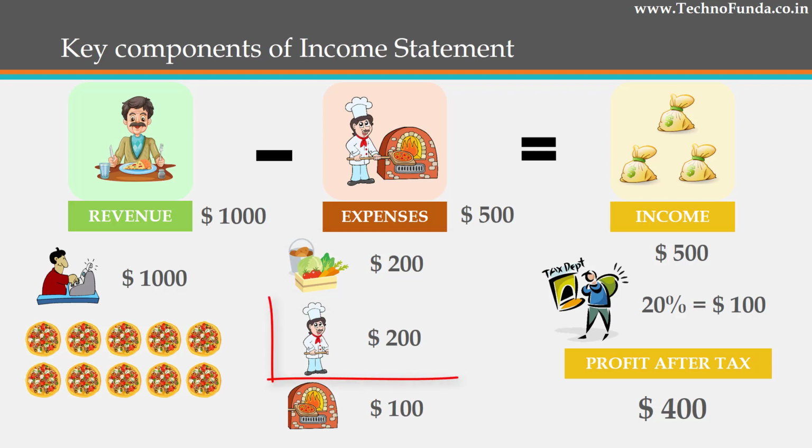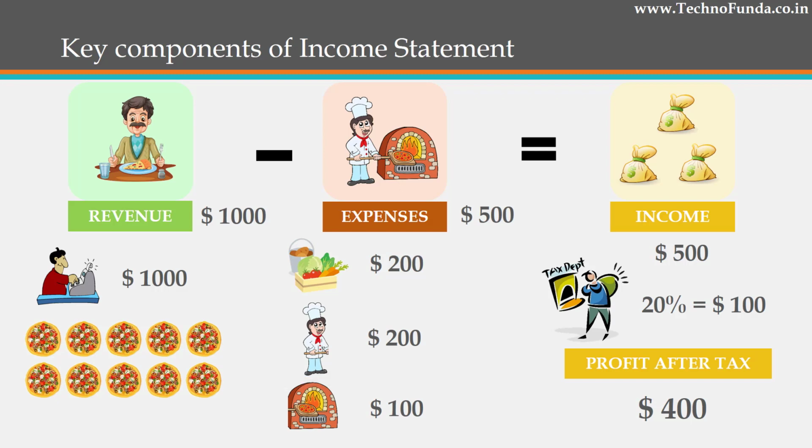Then you have the salary of the chef, which is again $200, and then you also use an oven to prepare that pizza, which will have wear and tear, normally known as depreciation, and we will try to understand depreciation in some other part of this video series. The depreciation is $100.